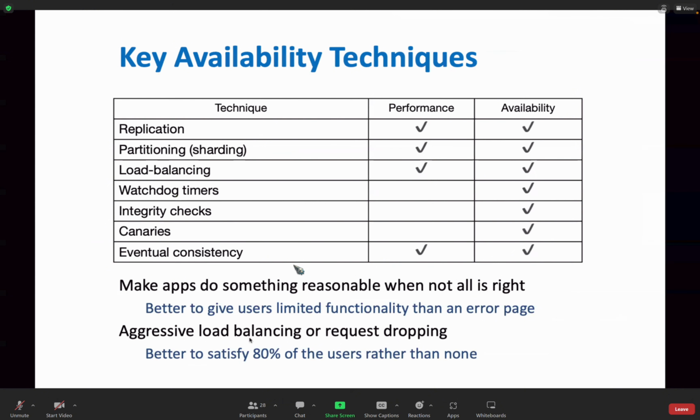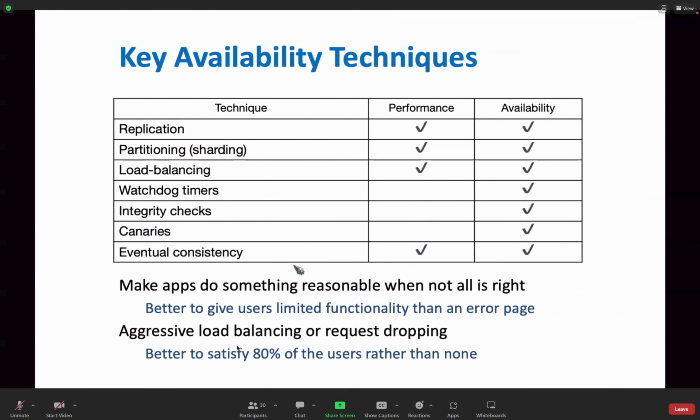And also aggressive load balancing or request dropping is actually better. Before you hit 90%, close to 100% utilization, you want to do load balancing, and you do the request dropping in advance, before the server fails.